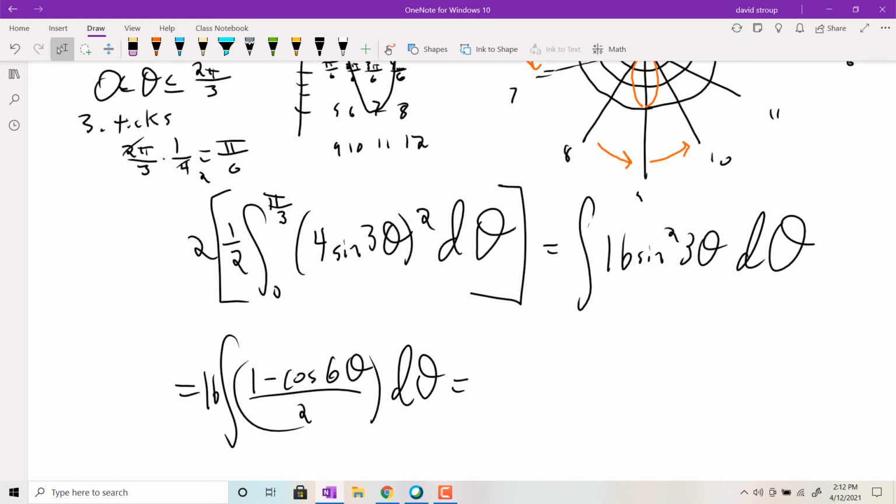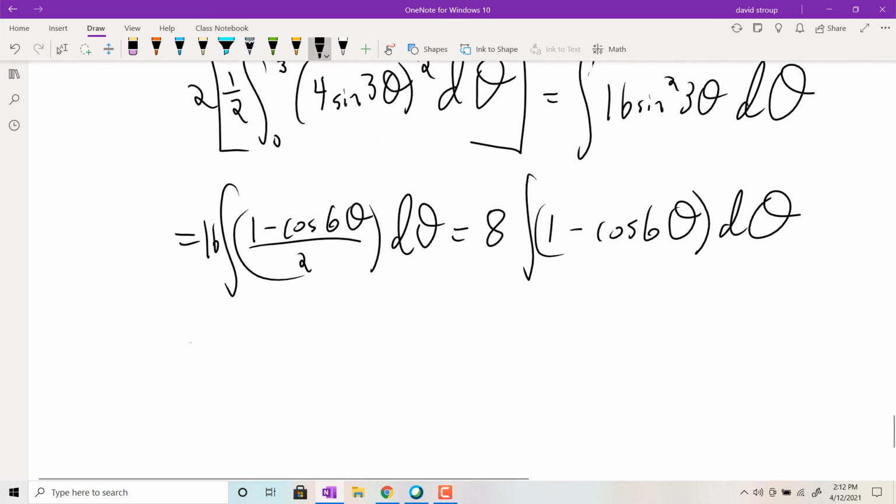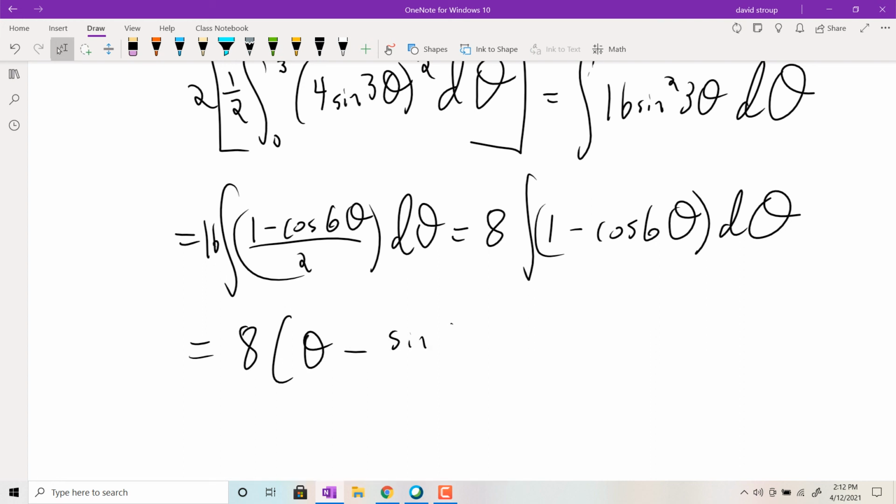I can factor out 1/2. I get 8 times the integral of 1 minus cosine of 6 theta d theta. Then I'm going to integrate. So I have 8 times theta minus sine of 6 theta all over 6, going from 0 to pi over 3.